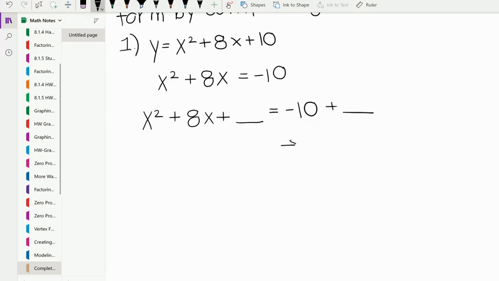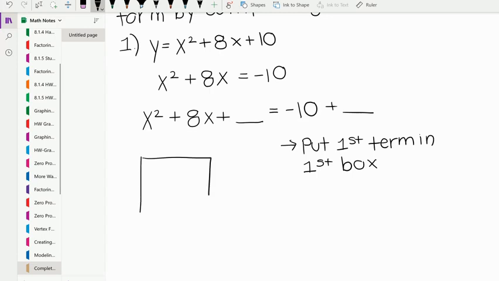So I'm going to write the steps over here, but step 1 is to put the first term in the first box. So that should seem pretty familiar to us. So we're going to go ahead and set up the box, and I take the first term, which is x squared, and I put it in the first box.